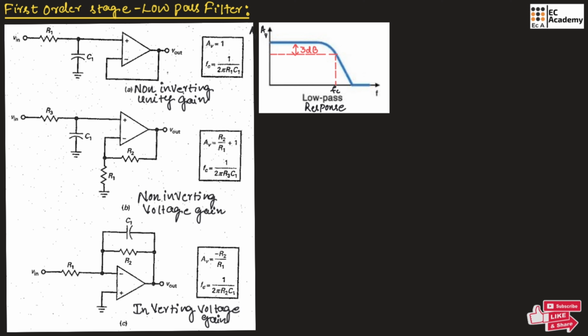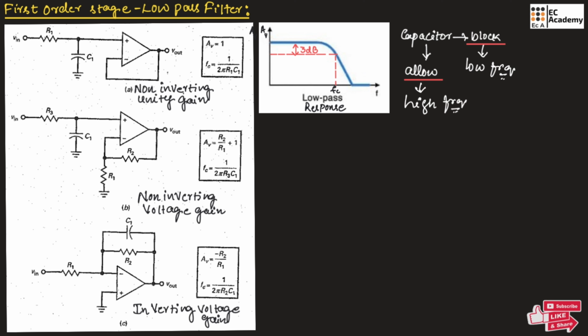Here, you need to understand the characteristics of the capacitor. This capacitor will block low frequencies and it will allow high frequency. So this you need to remember, the capacitor will block low frequency and the capacitor will pass or allow high frequency.